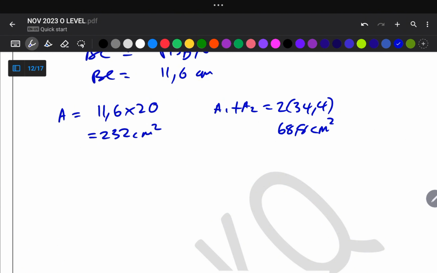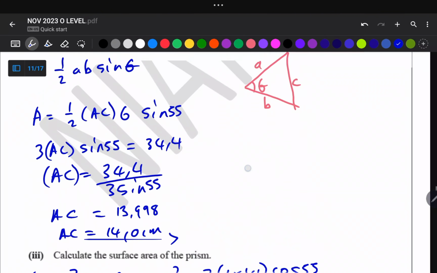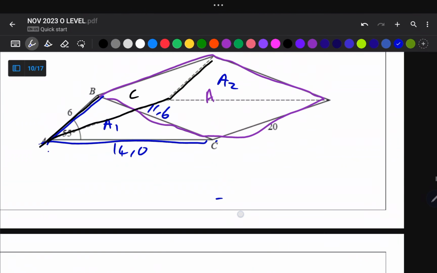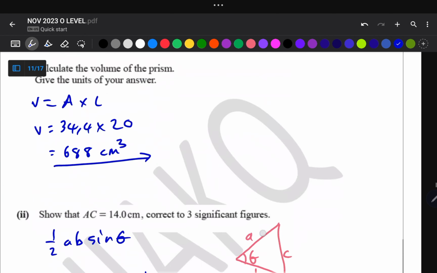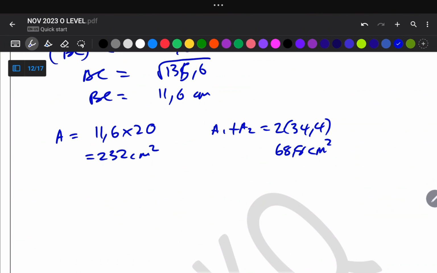Okay, and then the area for this side C, it is 20 multiplied by 6. So area of C is equal to 20 multiplied by 6, and this gives us 120 square centimeters.